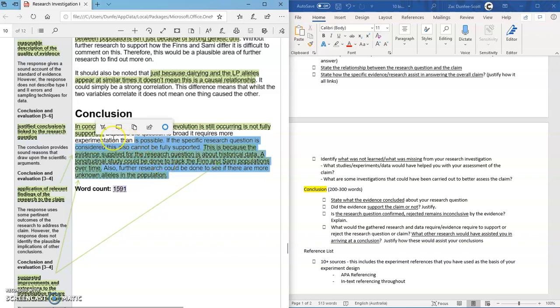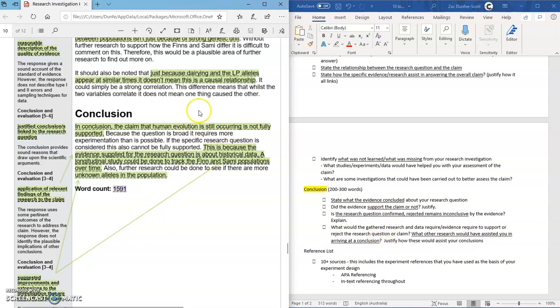So essentially what they're saying here is both the claim and research question are inconclusive, and we can't say it's supported or not because of the lack of evidence or link back to that claim that we found. And it said that different research would need to be found to help arrive at that conclusion.